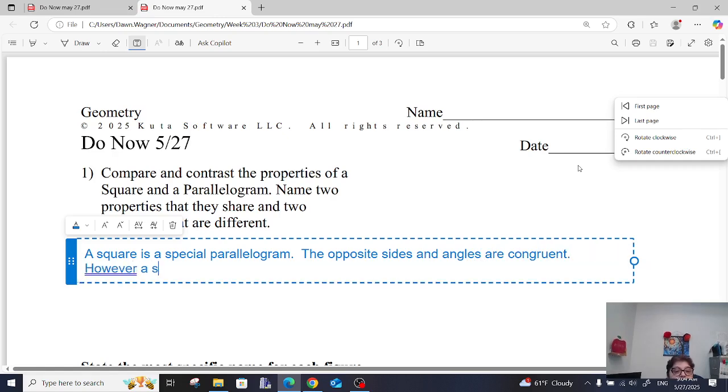However, a square has all sides and angles congruent.